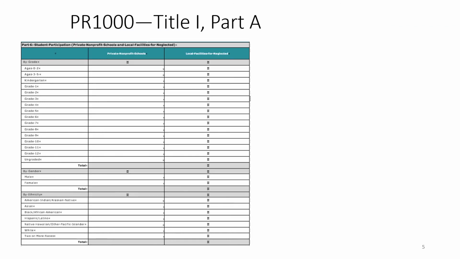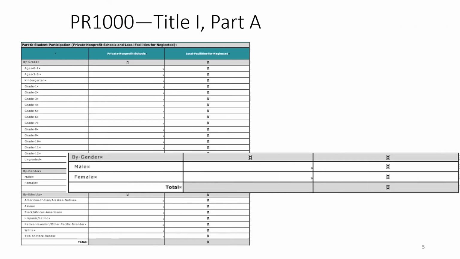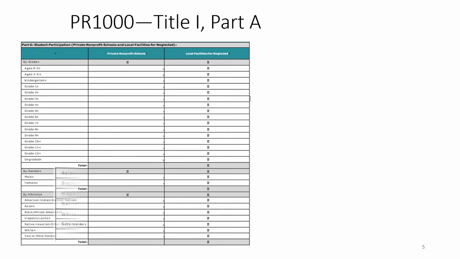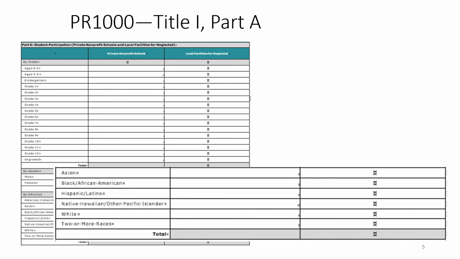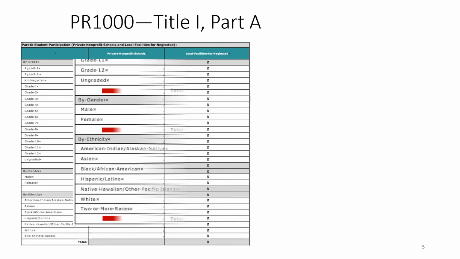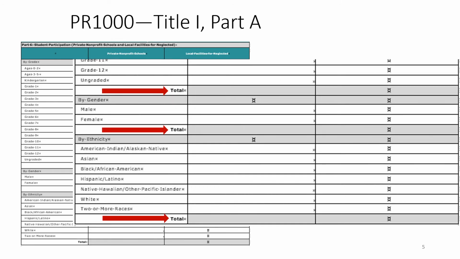Then those students we are having split out by gender and by ethnicity, with the requirement that each of the sections' totals match. The LEA can't have blanks, so they will have 0 if they have no students.